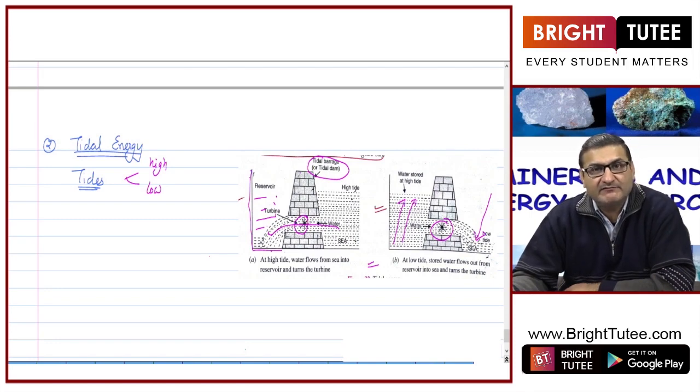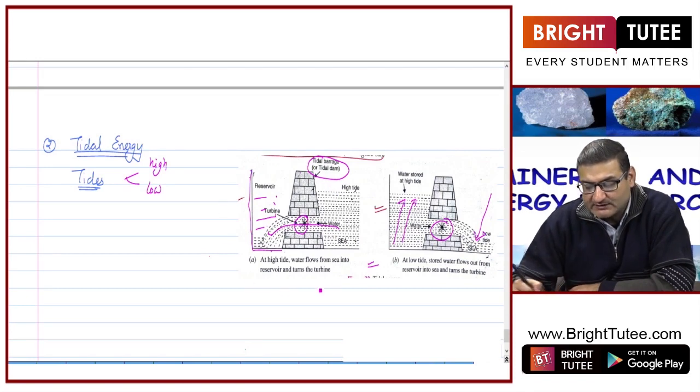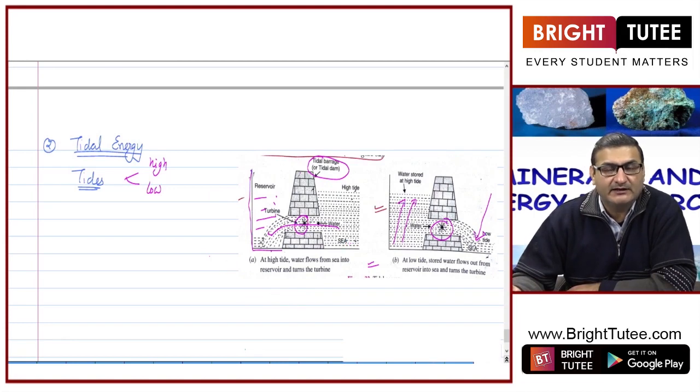Secondly, there are very few locations in the world where this kind of setup can be made, where tidal energy can be utilized. But still, it is one of the potential sources, and we are looking forward to harness it, keeping in view the energy crisis situation that we are facing.